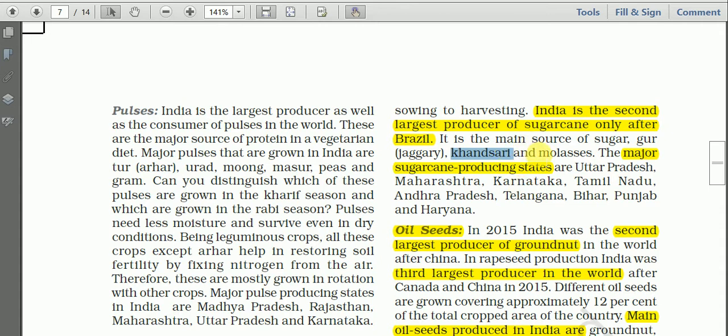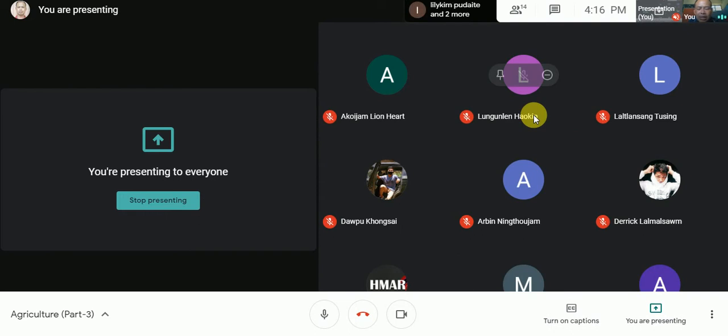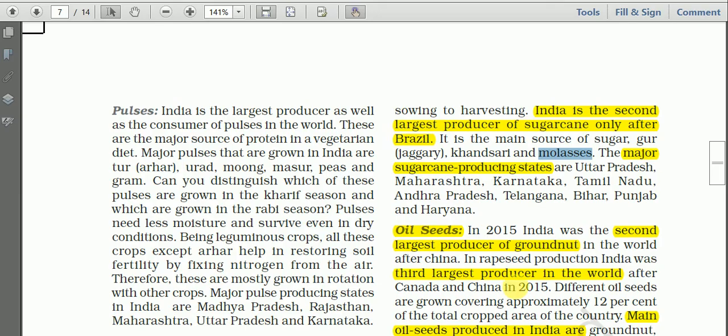Sugarcane is also an important source of molasses. Anybody who knows molasses? When we boil down sugarcane juice, we get a sticky liquid, and in Manipuri it is called suhi.